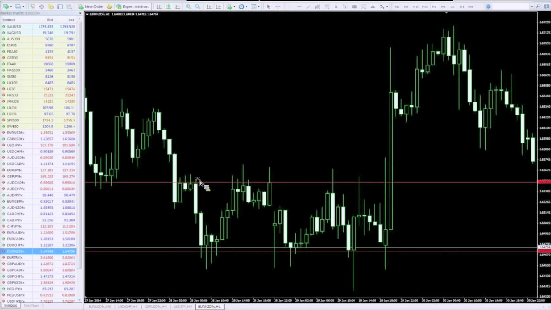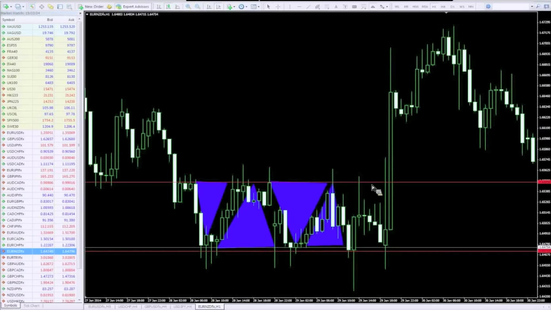Okay, so here's our first triangle right here. And I'm going to draw these just rough, okay? Here's our second triangle. A range-bound market is a series of triangular moves. And the moves extend from one extreme to the other.